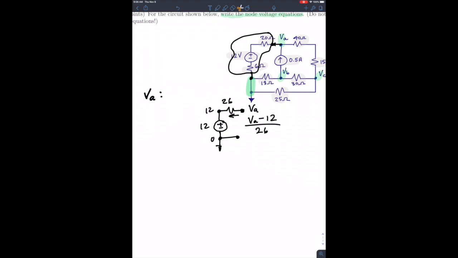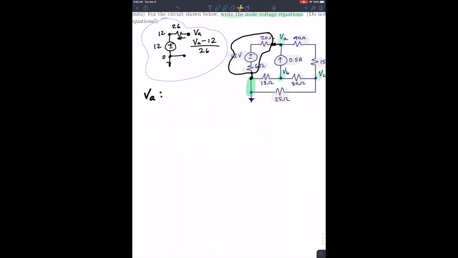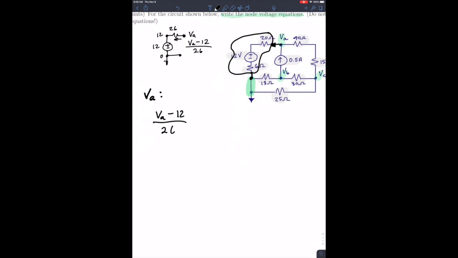That was the most problematic branch in this whole circuit, and that's how you handled it. So let's write them all down. We have this current coming this way from the node, VA minus 12 over 26. Then the current coming down this way is the opposite of the independent current source, so this would be minus 0.5.